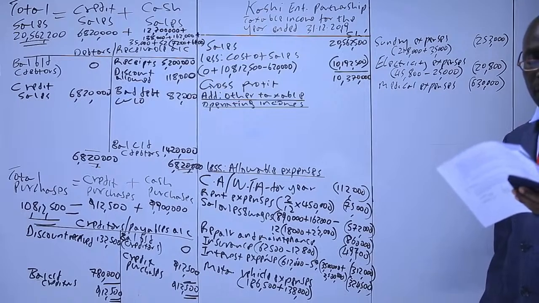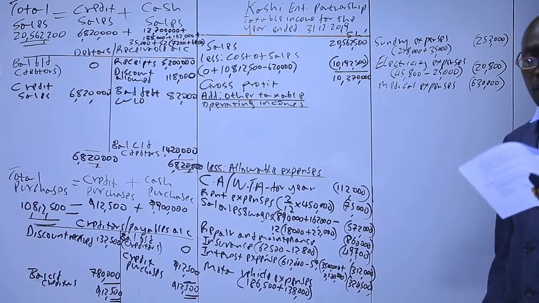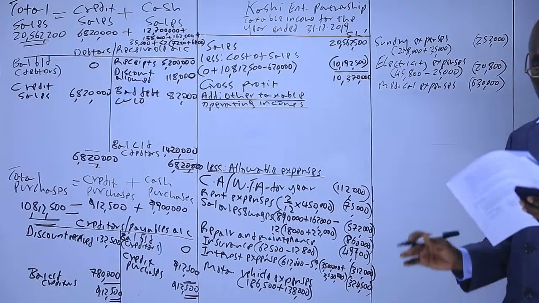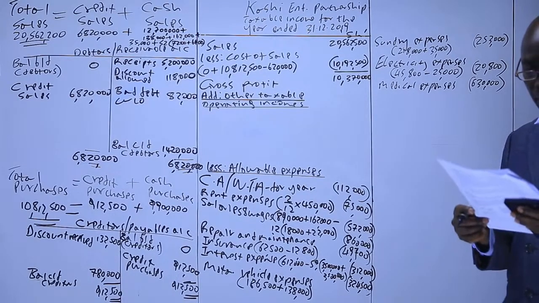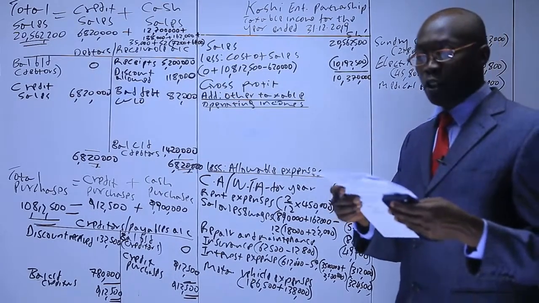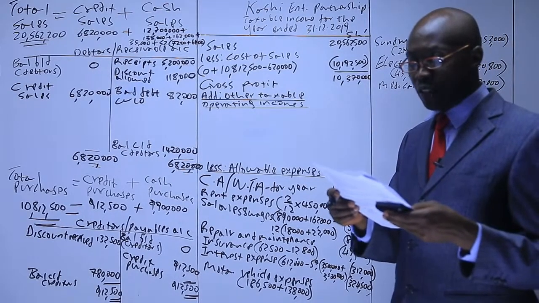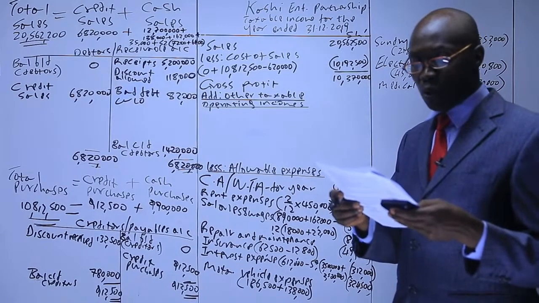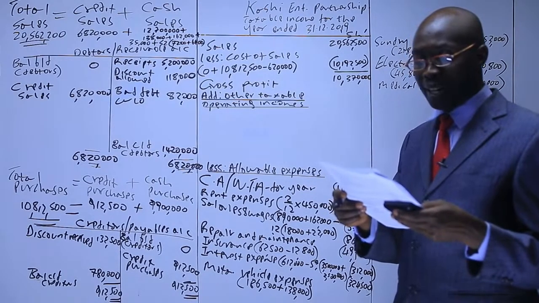Then number 5, as at 31st December 2019, the amount owed to supplier was 780, while the amount owed by customer was 1420,000. That we had said actually there's additional information we jumped. Number 2, during the year, discount received from the supplier amounted to 132,500, while the discount allowed to customers amounted to 118.